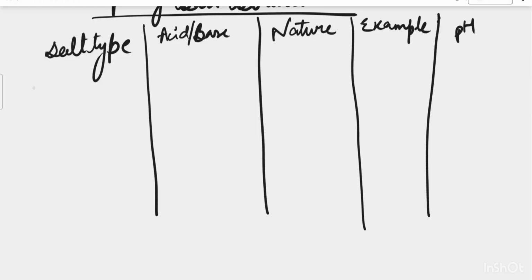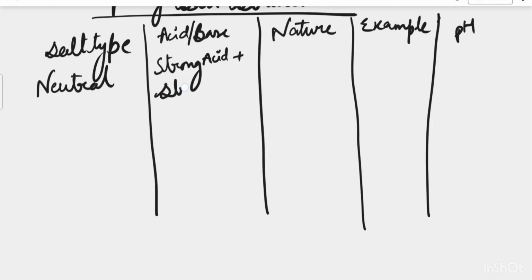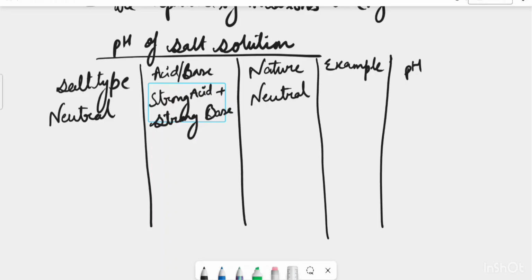So first, salt type is neutral, or we can say normal. How is it formed? Strong acid plus strong base. Its nature is neutral. An example is NaCl. And pH is equal to 7.